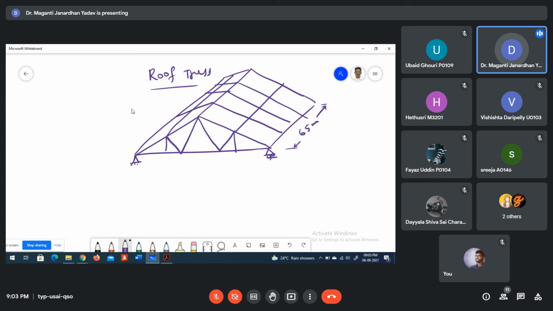Is proposed to build on downhill side near Chennai. The height of the hill is 350 meters with a slope of 1 in 5.